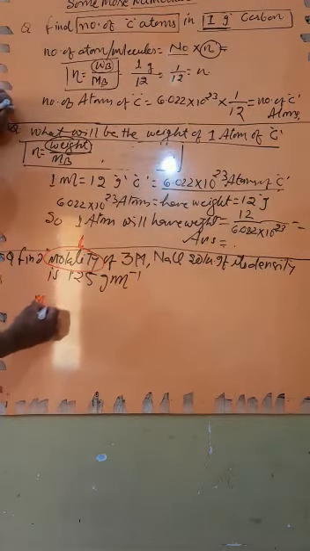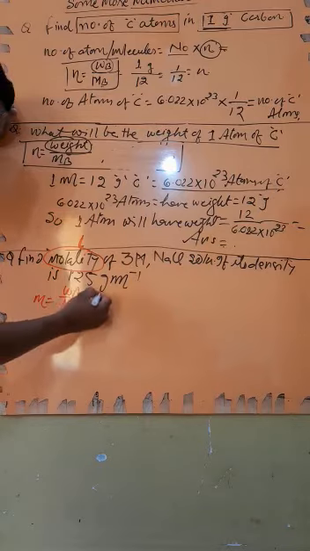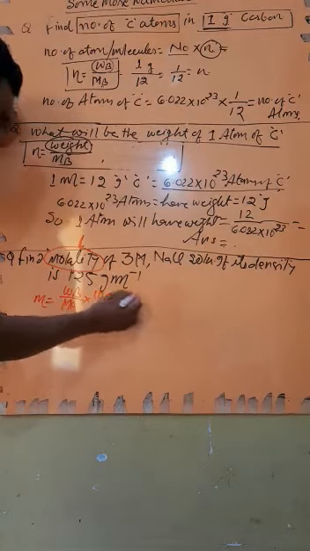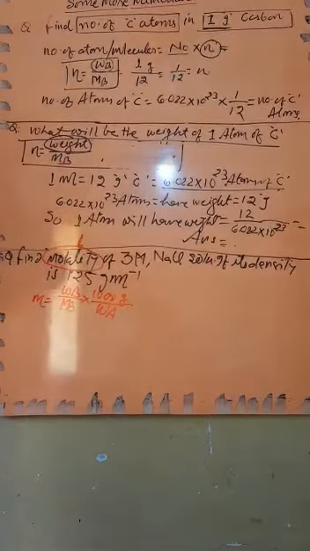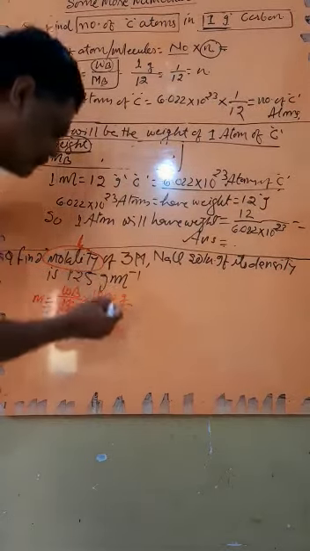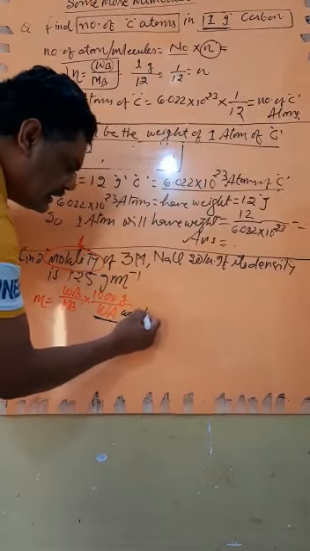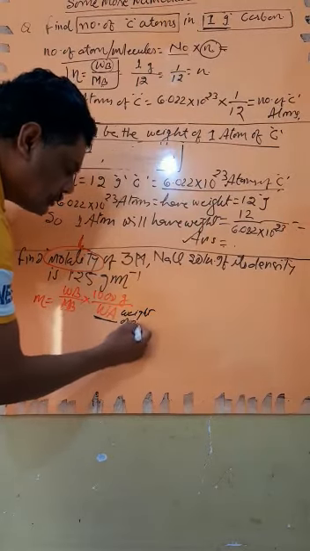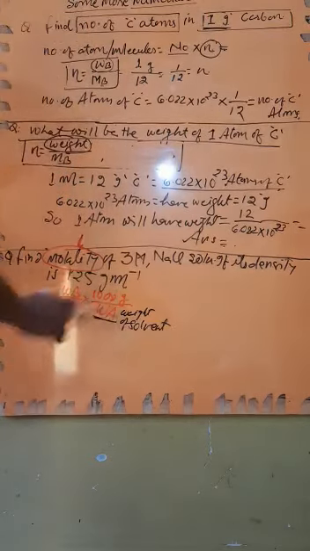Small m is equal to Wb divided by molar mass, multiplied by 1000, in gram divided by Wa. What is Wa? Weight of solvent. Now a solution consists of solute and solvent.